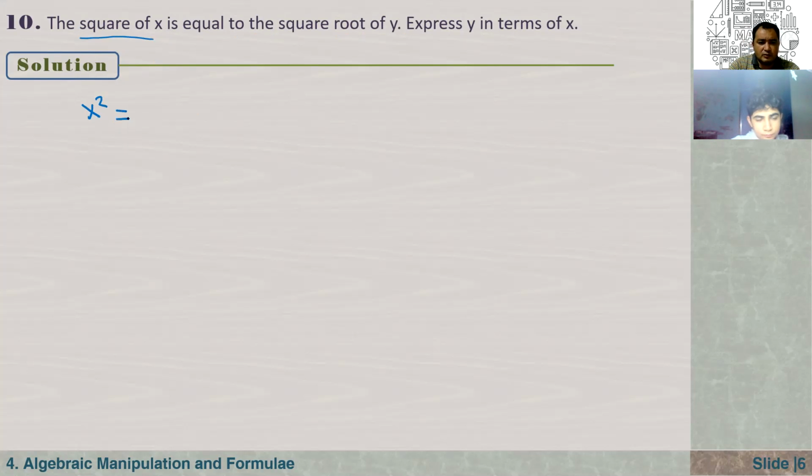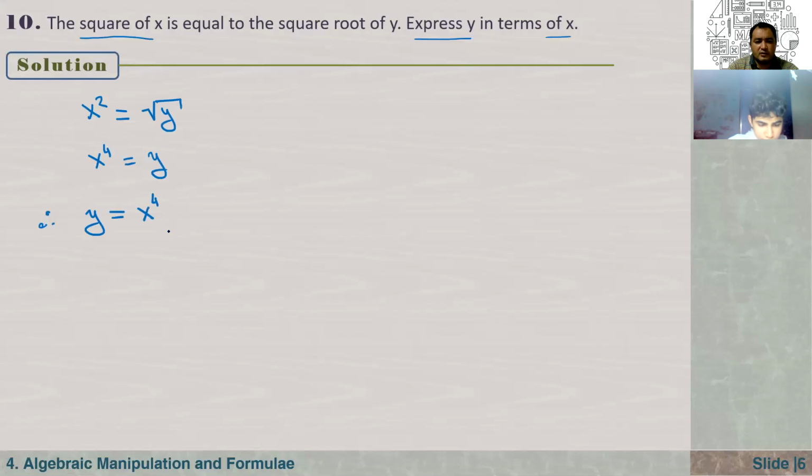So here we have the square root of y. What is the question? Express y in terms of x. So now if you square both sides, here we have x to the power of 4. That's equal to y. Then in terms of x, y is equal to x to the power of 4.